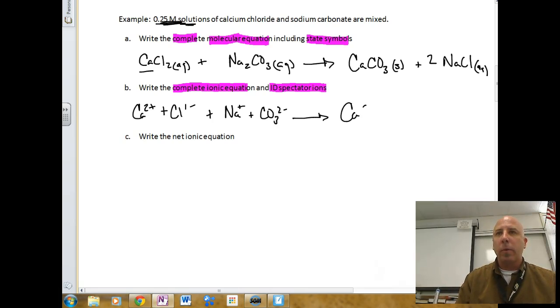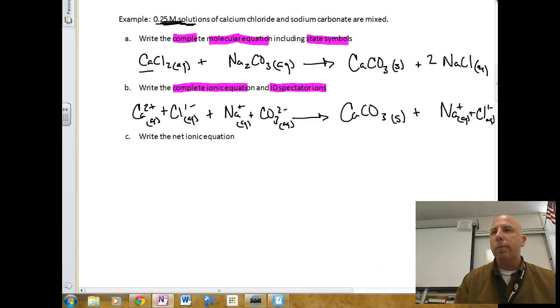We're going to have calcium carbonate, and we are not going to ionize it because it is a solid. And we're also going to ionize the sodium and the chloride. I'm going to ignore the balancing just for the moment, but I'll throw all my aqueous state symbols in there. Okay, there we go.